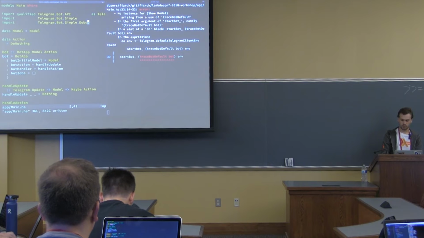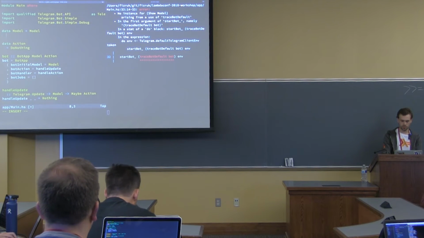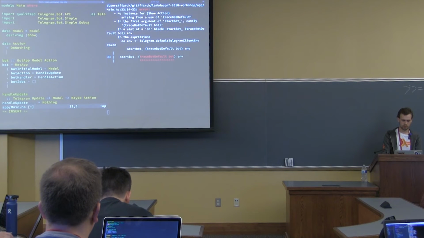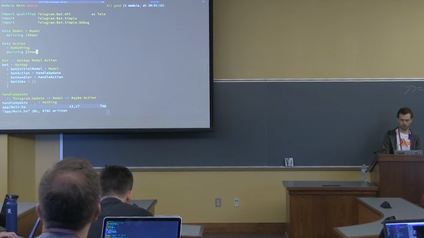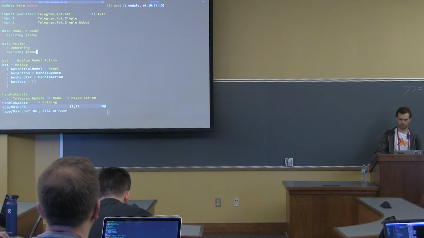So yeah, I get the error that my model is not showable. So I just add deriving Show here, and when I save, it should say that action is not showable. So I go and derive Show for action.